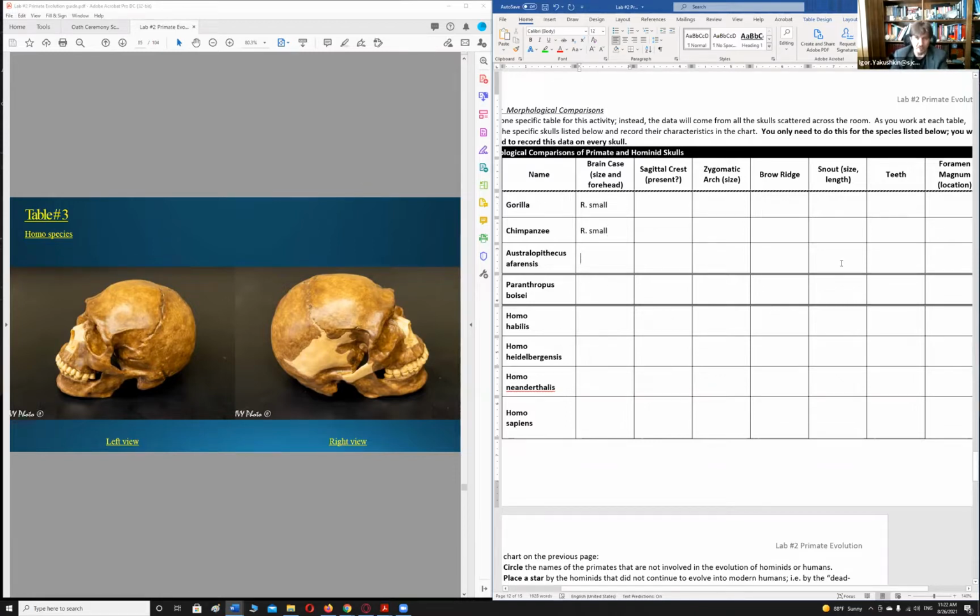Afarensis, relatively small. Comparatively to the other animals, it's a huge one. Paranthropus also small, or relatively small. Habilis becomes kind of a medium size, mid-size.